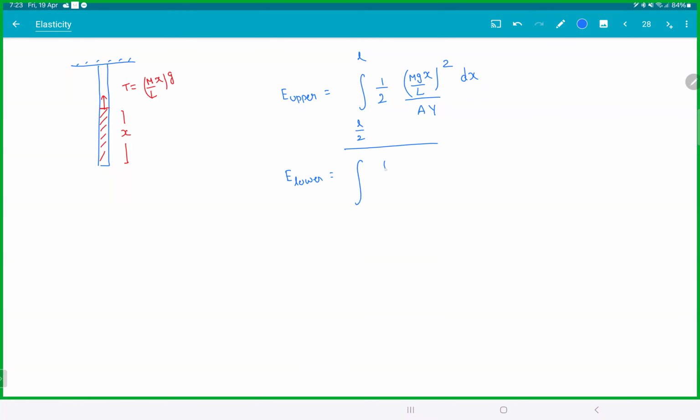Energy in the lower half: if you see, you get the same terms, only the limits will change. mgx by L whole square by AY dx. This will go from 0 to L by 2. Everything else is constant. You end up with simply the integral of x square dx from L by 2 to L over the integral of x square dx from 0 to L by 2. Yeah, this looks like 7 is to 1. Check.